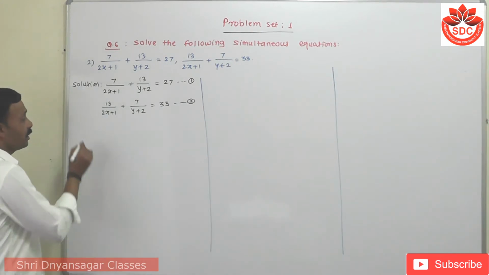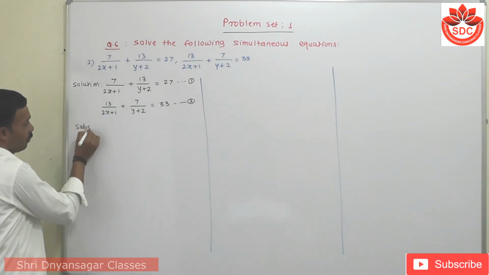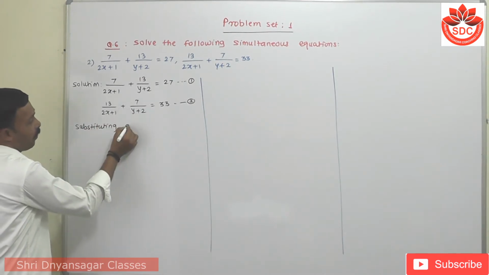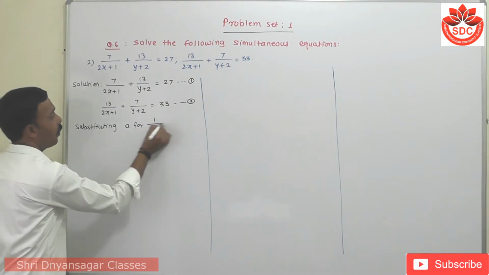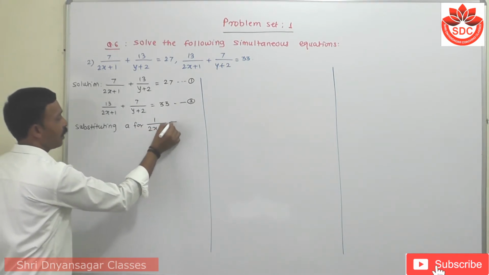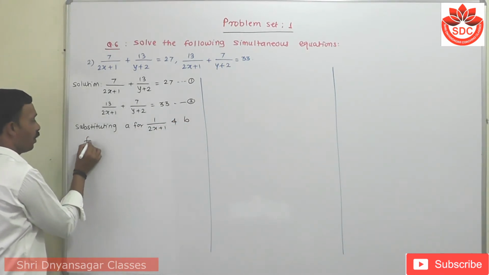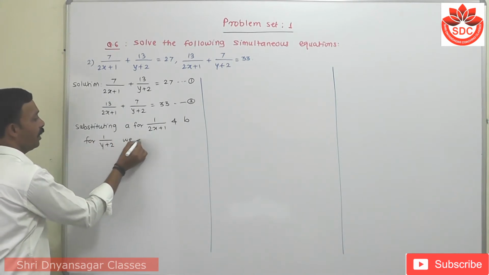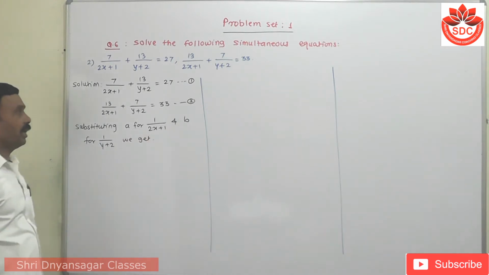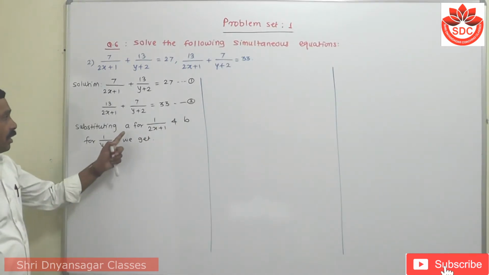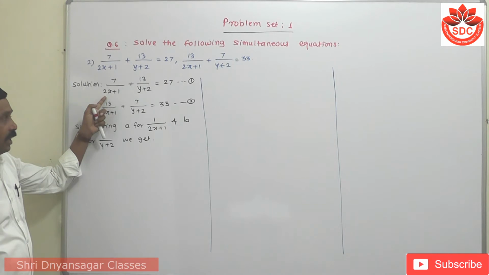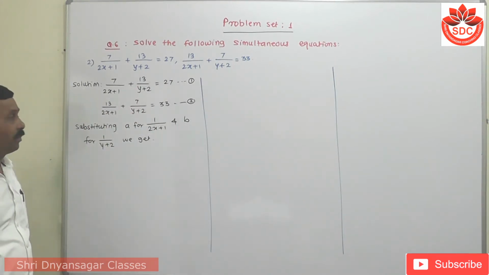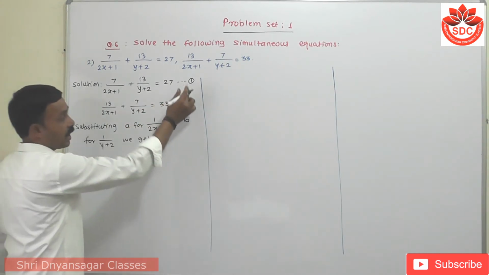Okay student, then substituting a for 1 upon 2x plus 1 and b for 1 upon y plus 2, we get these two equations. Now we reduce equation first and second.